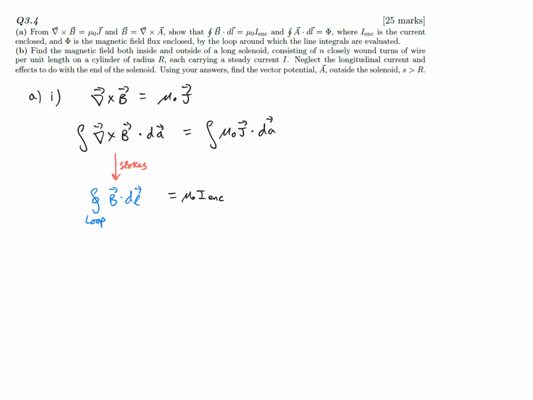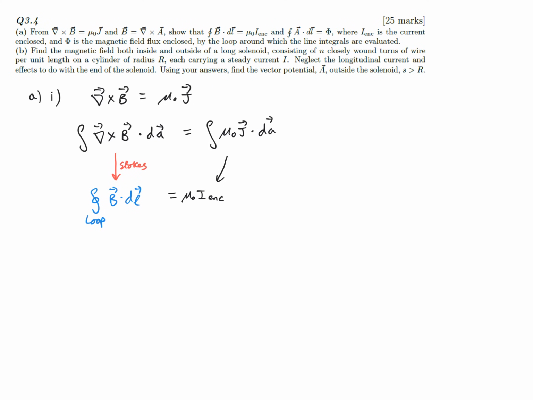So we can call that I enclosed. And that's the first task that we needed to accomplish. We have shown that the line integral around a closed loop of the magnetic field is equal to the current enclosed by that loop. Good. So that was very straightforward.